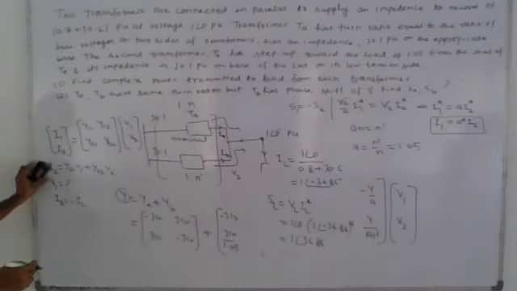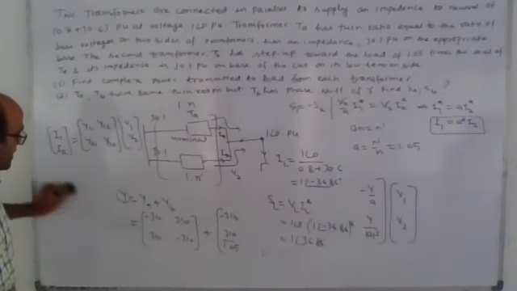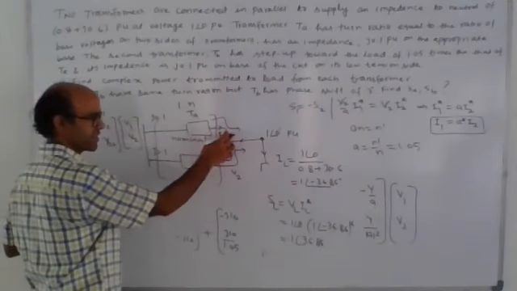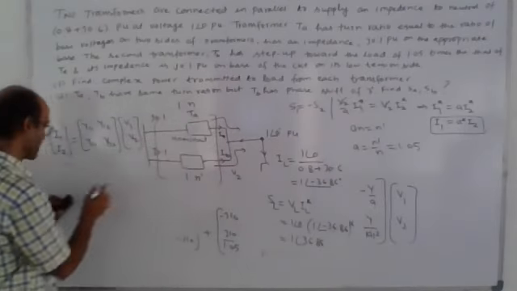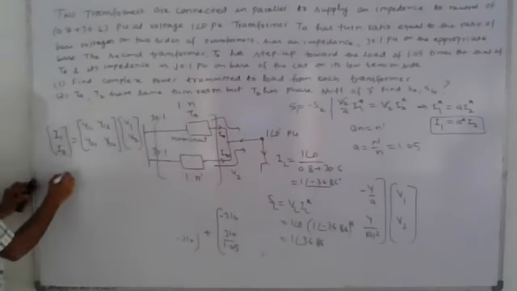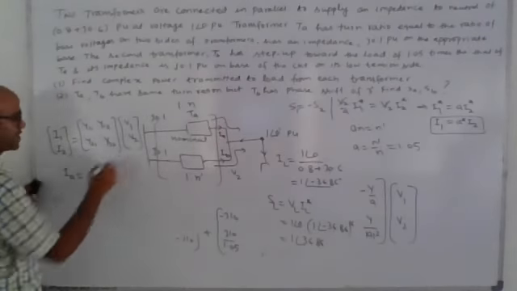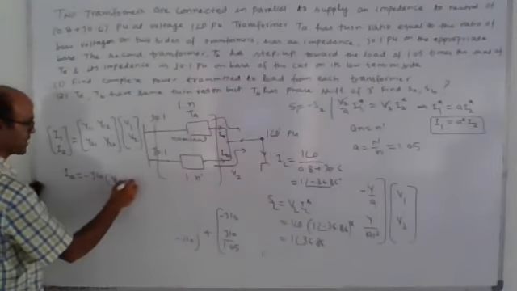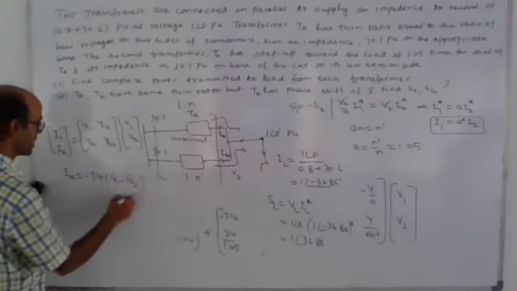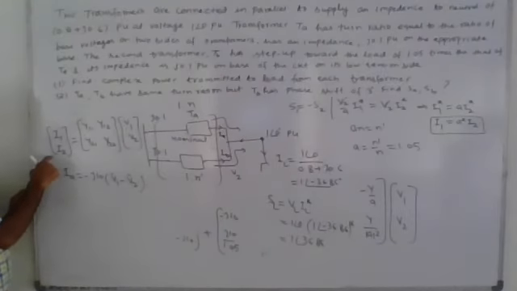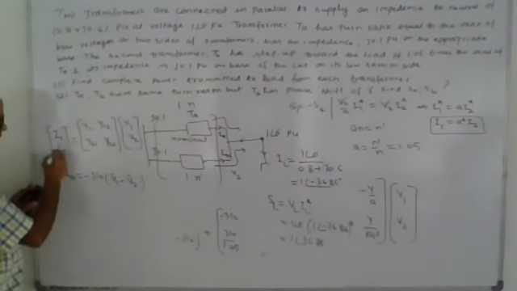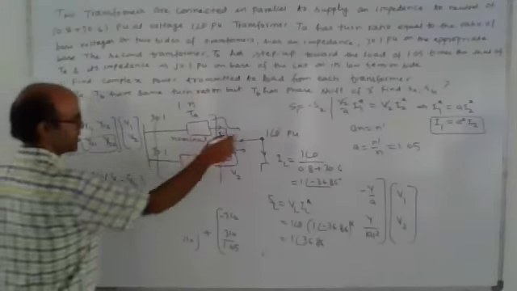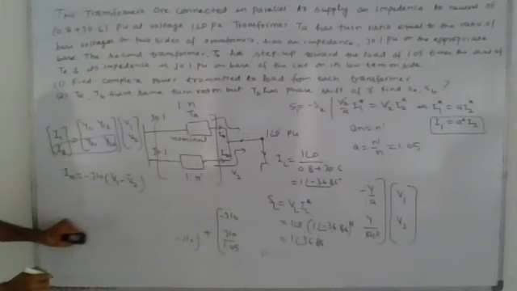If you are getting V1, then you can easily find IA and IB, simply because you know this terminal voltage, you can easily find the current through this. What is the current through this? IA. Admittance of this is minus J10 into V1 voltage minus V2 voltage. V1 voltage we are getting from this equation, and V2 is given, 1 angle 0. So you can get IA.